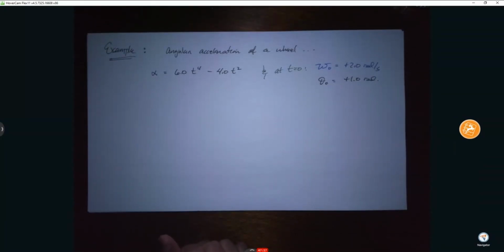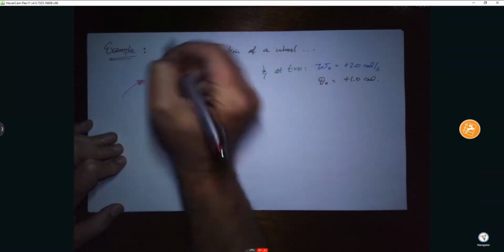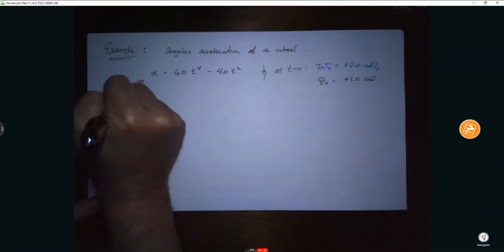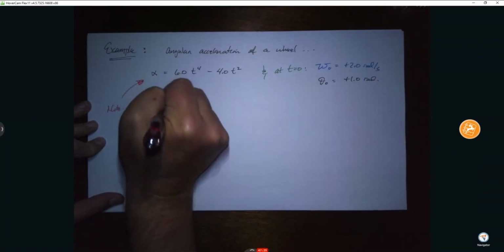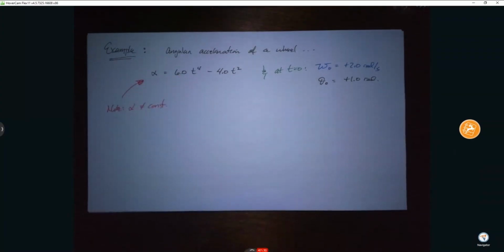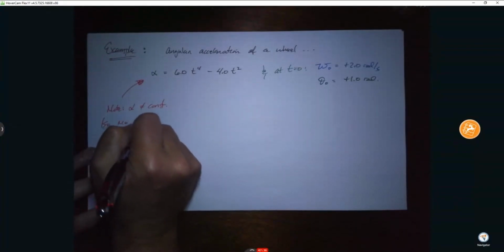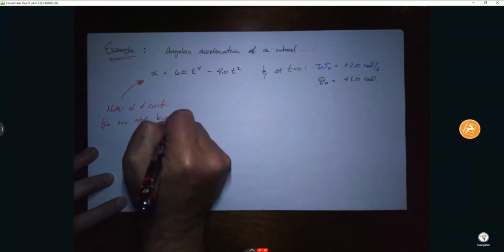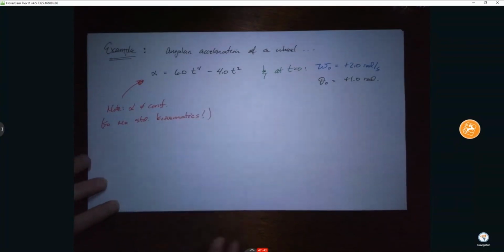And what you have to recognize is that alpha is not constant. The angular acceleration is not constant. So no standard kinematics.